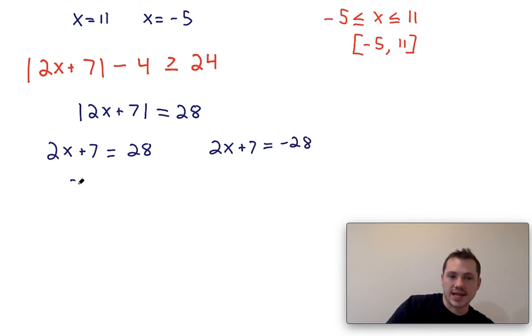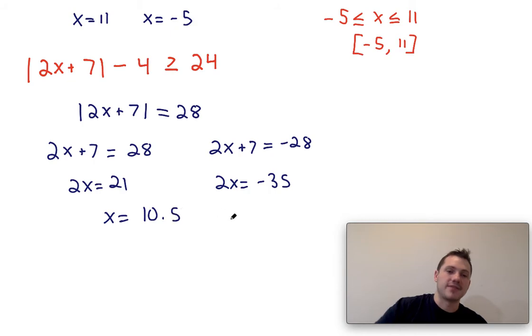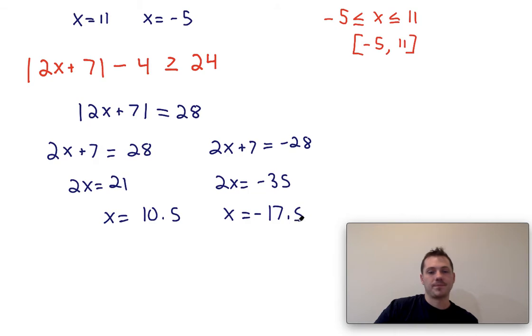Subtracting 7 from both sides, we get 2x equals 21. And for this one, we would get 2x is equal to negative 35. Dividing both sides by 2, we get x is 10.5, and x is equal to negative 17.5. Now, just like last time, we're going to go ahead and set up a sign chart.